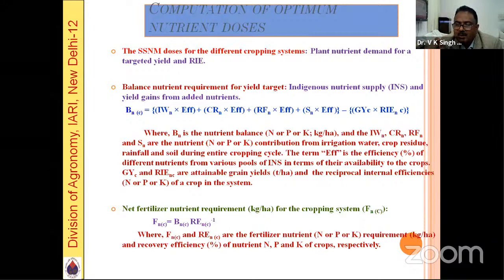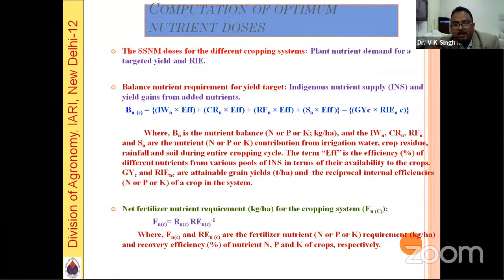In rice, we worked out 22 kg nitrogen, 2.6 kg or 3 kg phosphorus, and 18 kg P2O5. Similarly, in wheat, 24 kg nitrogen, 21 kg potassium, and 2.6 kg phosphorus. This kind of nutrient requirement has been worked out, and for other crops also we worked it out.